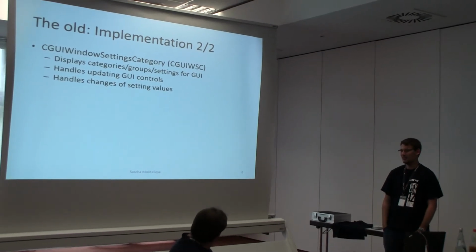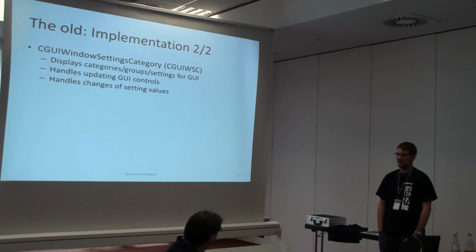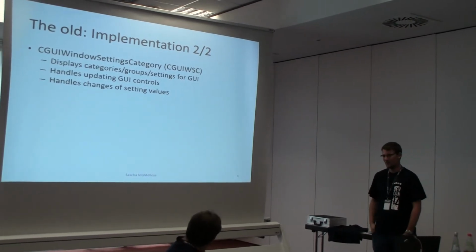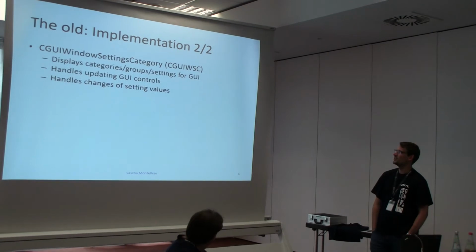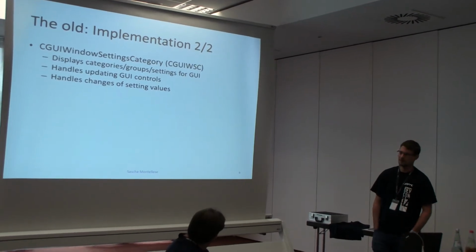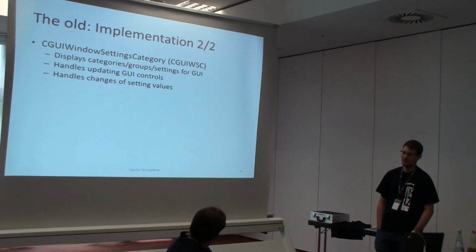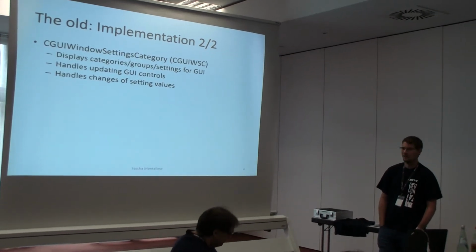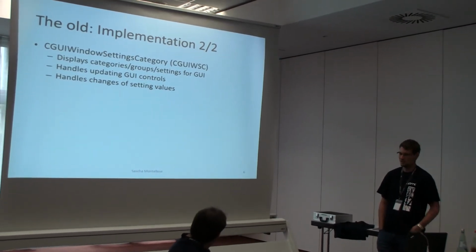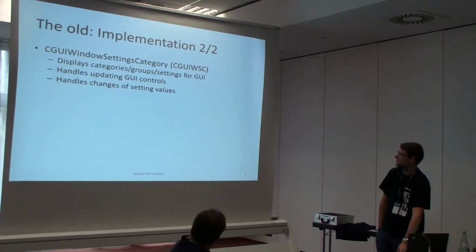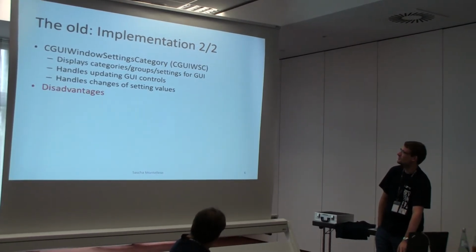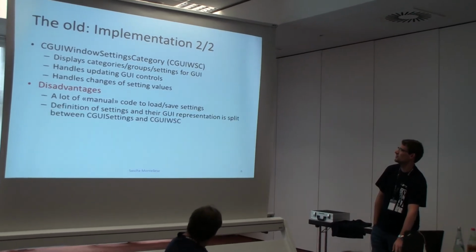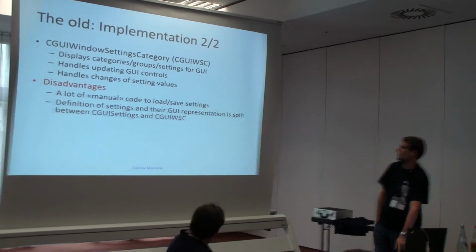You had to write an if, then else, next setting, else, and you had an if-else block which was incredibly large, and it was really difficult to have any overview of what happened when you change a setting, or if you wanted to hide a setting when the value of another setting changed. It was basically madness. I think I already said that you had to code everything manually in there.